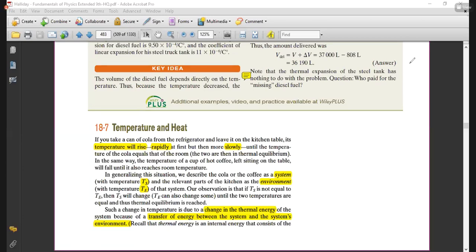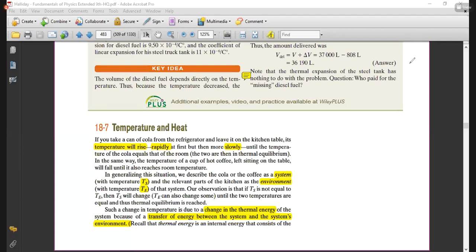In the case of the can of cola, it is the subject under observation, so we call it the system. While its surrounding, let's suppose we placed it on a table in a kitchen, the atmosphere of the kitchen will be called the environment.